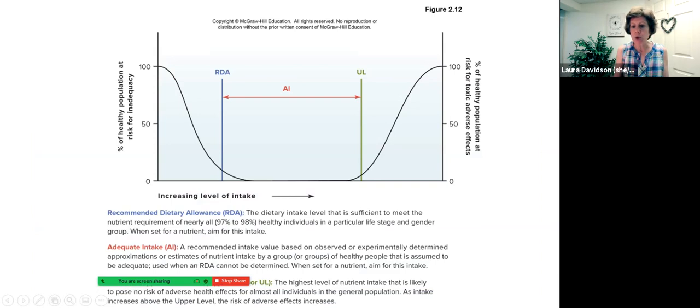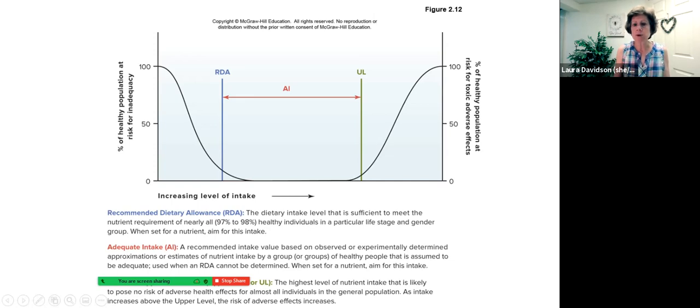We mentioned the UL is a point at which you're getting too much. There is a big old margin of safety between the RDA and the UL. So if you look at your NCP reports and see that you exceeded 100% of the RDA, that doesn't mean that you're getting too much, because you're probably in this safety zone.